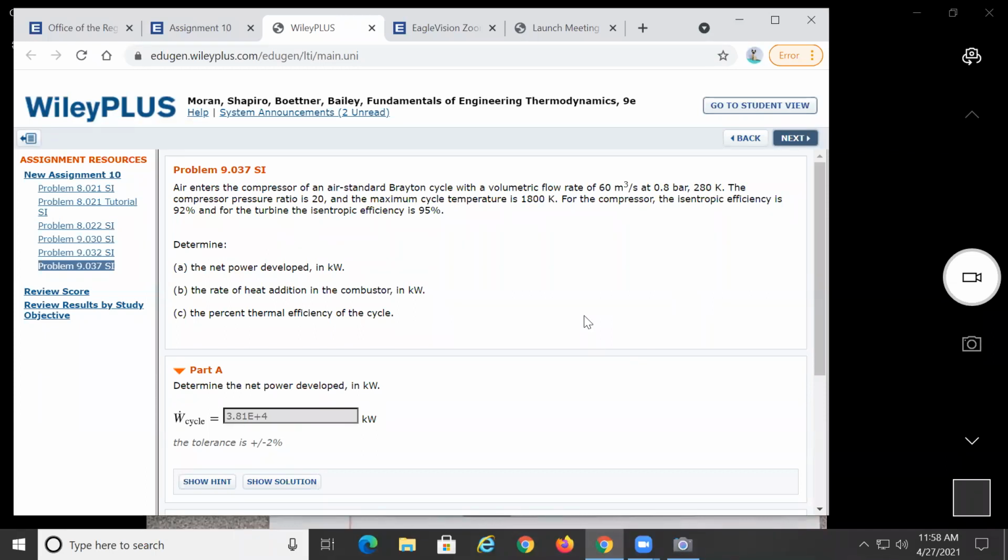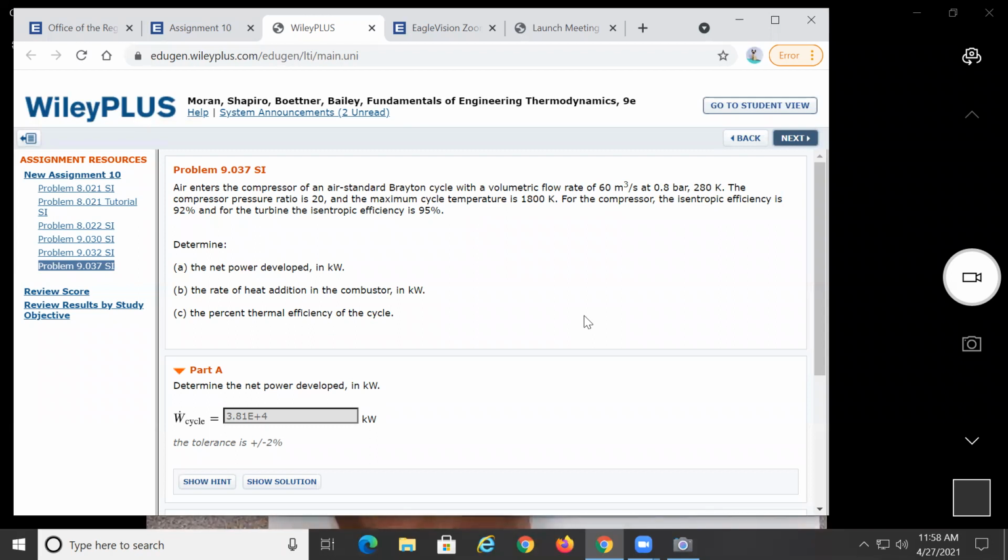What else do we know? At P1 equal 0.8 bars, T1 equal to 280 Kelvin. The compressor pressure ratio is 20.